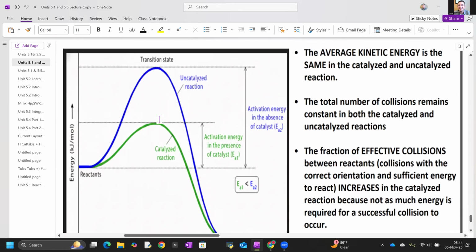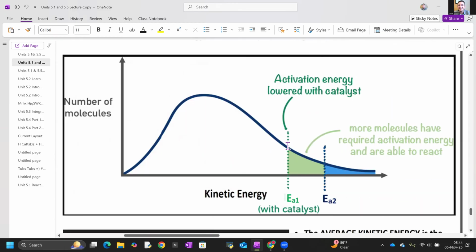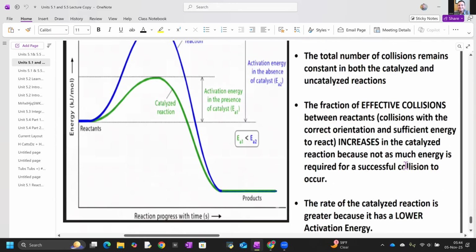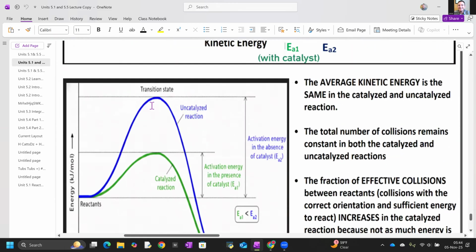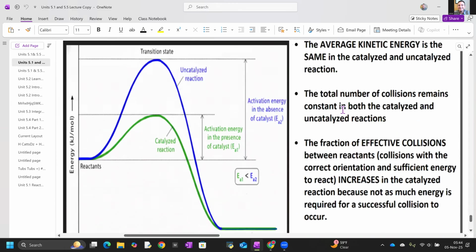And what is the impact of that? The impact is when the energy of activation is lower, a larger fraction of particles then have enough energy for a successful collision. And so what we're looking at, again, the average kinetic energy is the same in a catalyzed and uncatalyzed reaction. The total number of collisions remains constant in both of those.